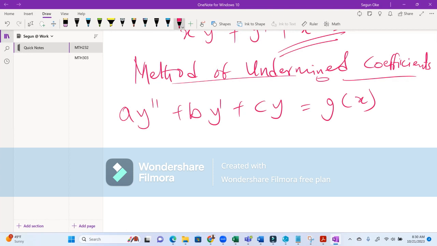When you look at it, what does double prime mean, please? Anybody? Double derivative. Second order, sir.